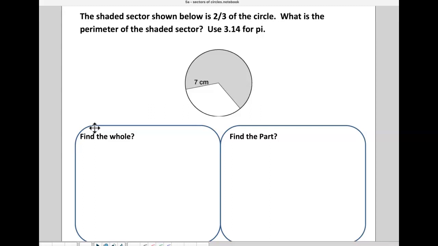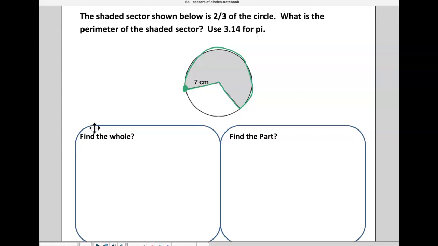Okay, so what does perimeter mean again? Abby? The outside. Okay, so what I really want to find is if I started here and walked around the outside of the shaded part.